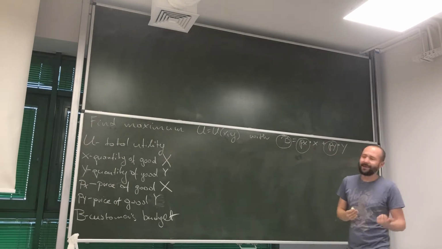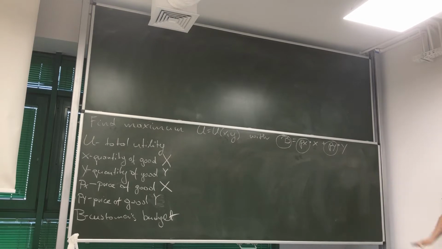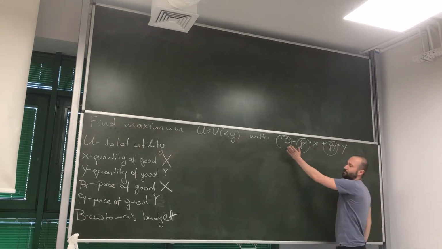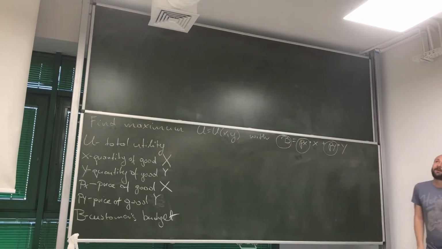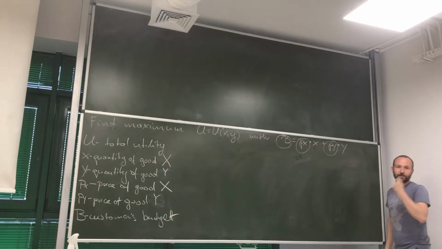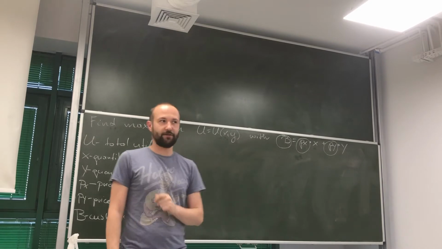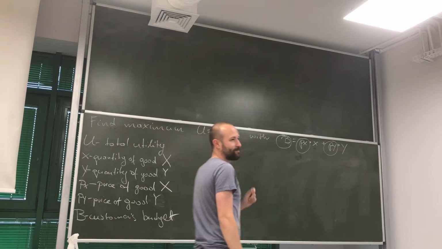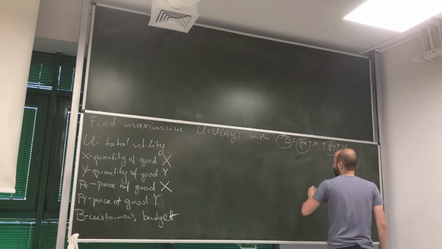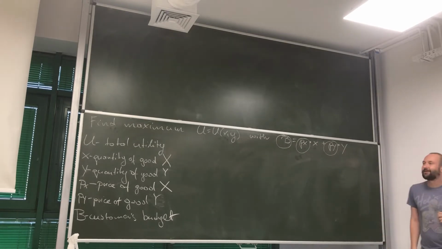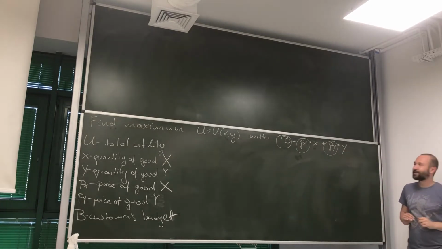Well, you can speculate, how can a customer have no control over budget? Well, assume that you're at a store. At a store, you have a limited budget, right? You are limited by the amount of money you actually have. So this is the kind of situation that we are considering.